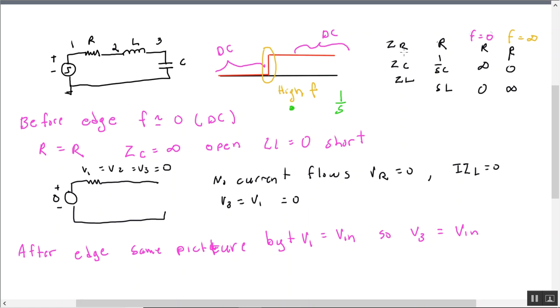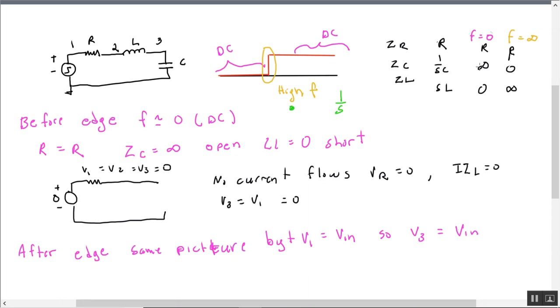So let's just summarize our impedances. For the resistor, it's R, and it's an ideal resistor. A non-ideal resistor does have inductance and capacitances, which you can model by adding them on in series or in parallel. So it doesn't matter what the frequency is, resistance is resistance.